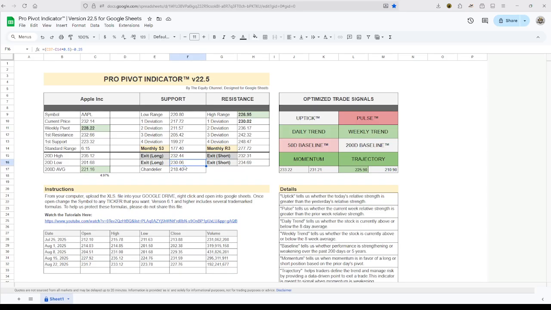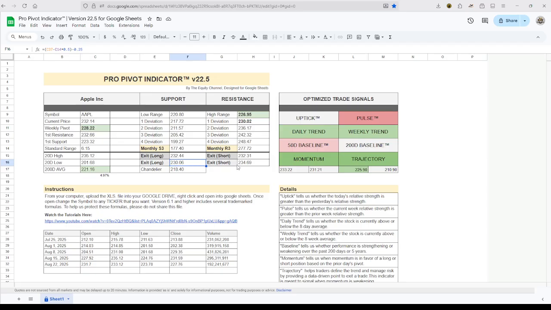I have a wider stop here that will keep me in the trade a little bit longer. This is for more like swing trading. So as you can see, if I was in a long position at the end of the day on Friday, this stop loss would have said stay in the trade until we break this particular level.